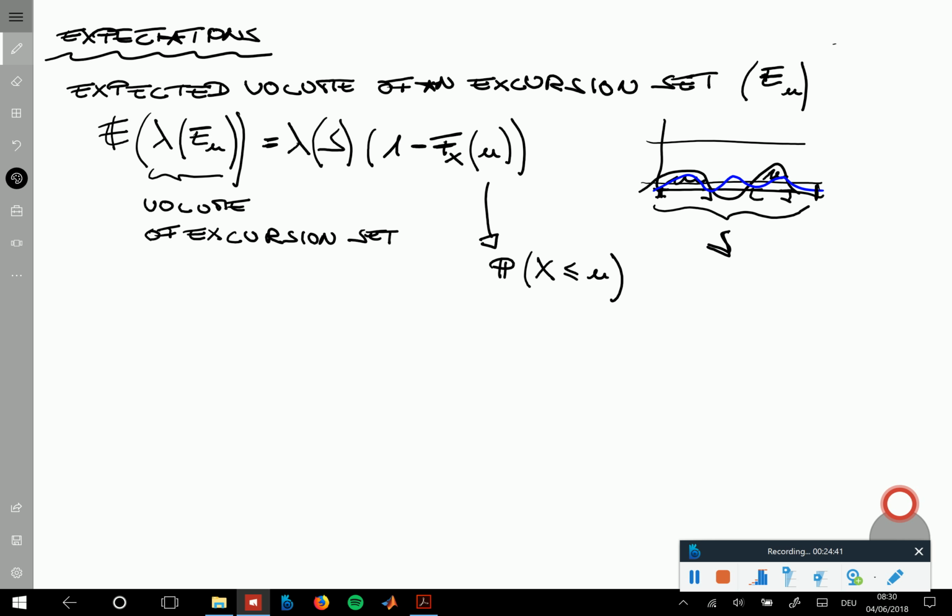This is the probability that a random variable somewhere in this field takes on a value smaller than u. That means 1 minus this is the probability that the random variable takes on a value larger than u. Yeah, so that's now this. And it's multiplied with the volume of the search space.